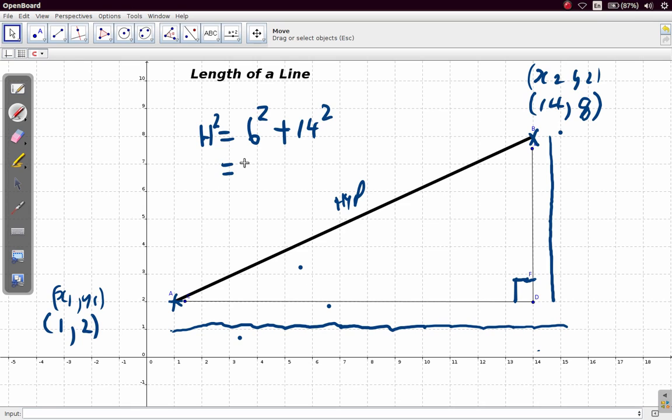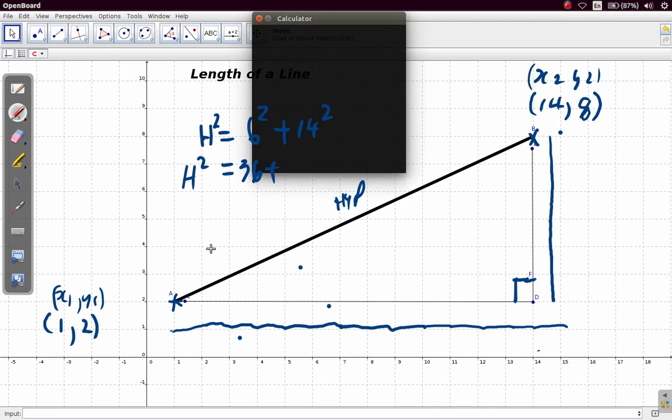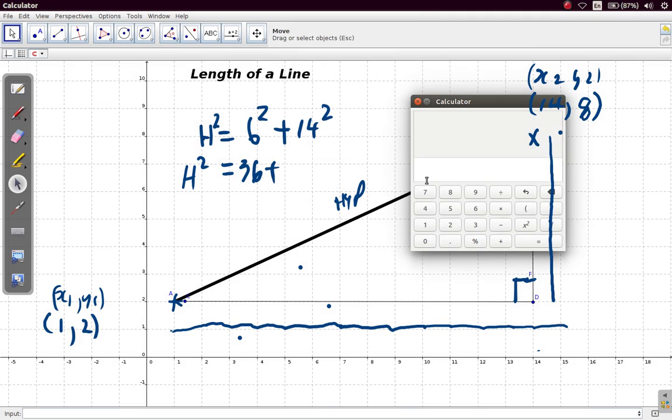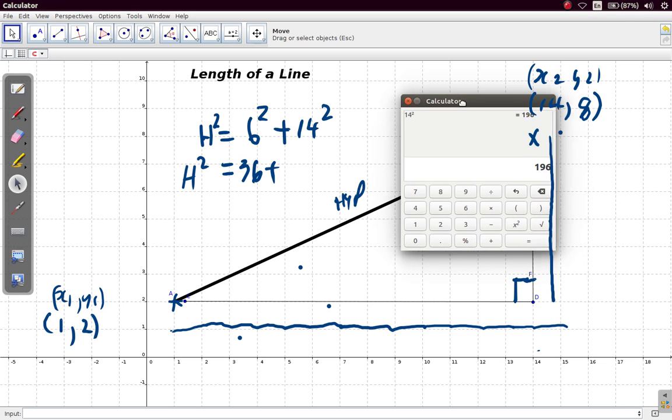So this is 6 squared. h squared is 36 plus 14 squared. What's 14 squared again? Let me use my calculator here. 14 squared gives me 196.